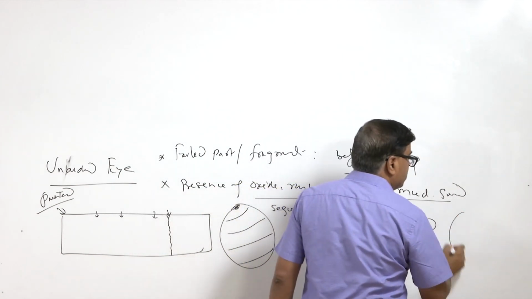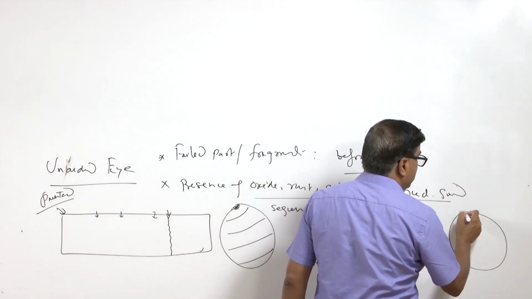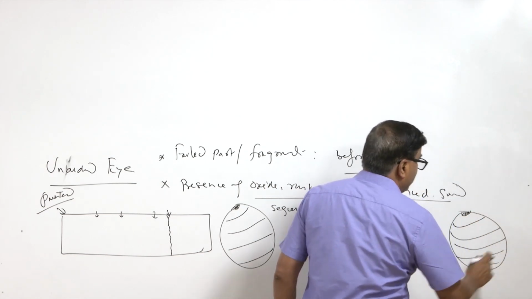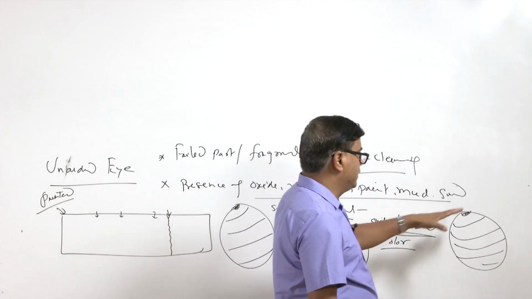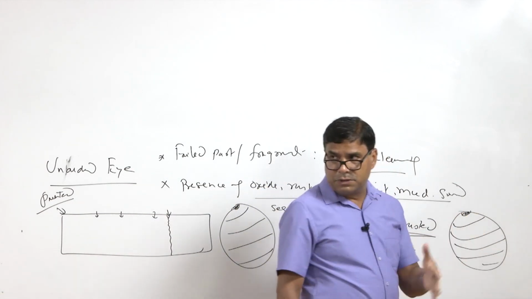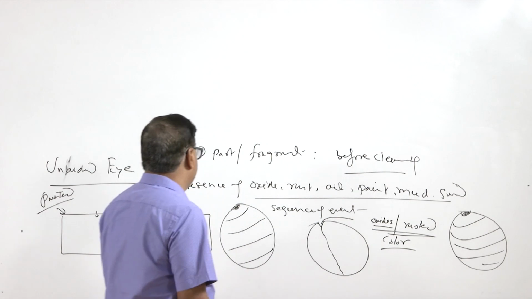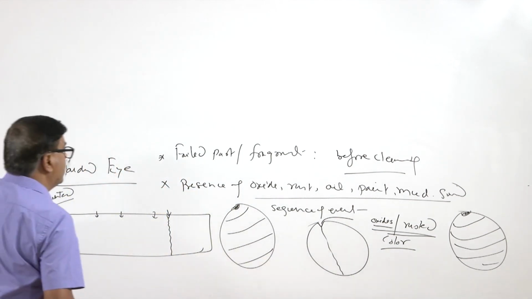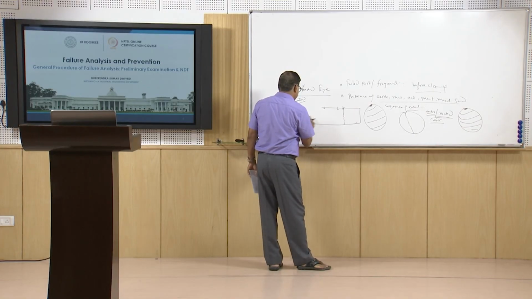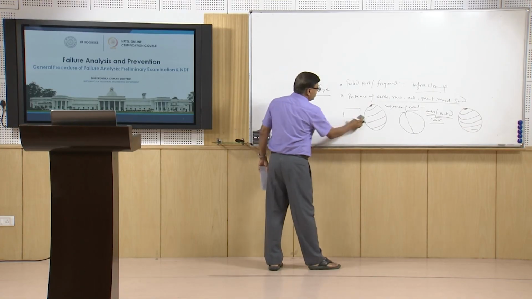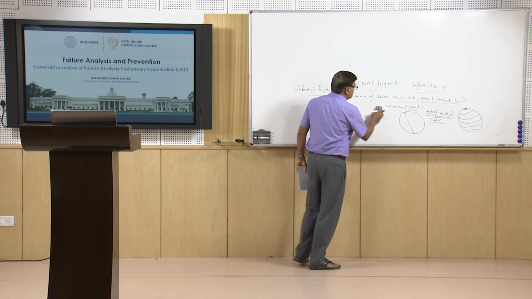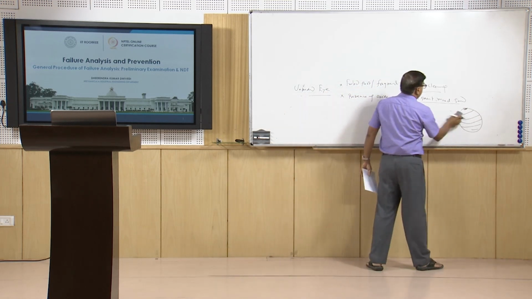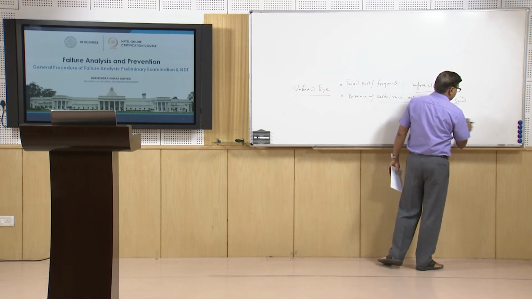So, the presence of these rusts and oxides also indicates that this crack was present since long, and it has grown gradually under the external load conditions, and subsequently the sudden fracture has taken place. So, it is important to observe the presence of such impurities or undesirable things, foreign material in the form of oxides, oil, paint, mud, soil, etc.